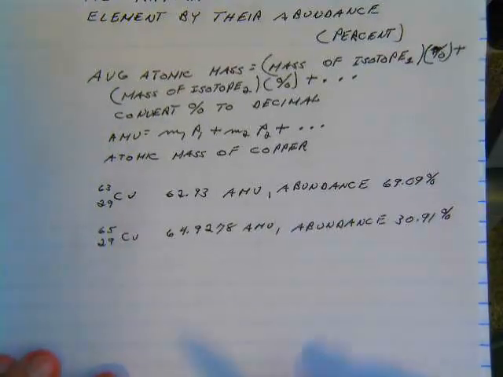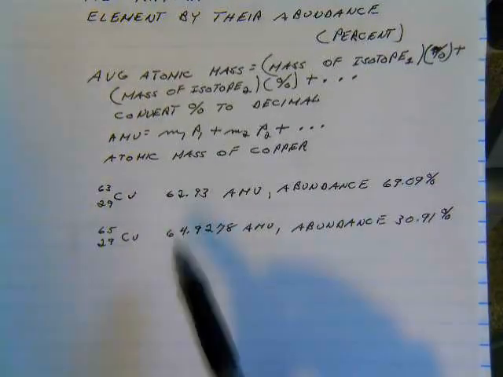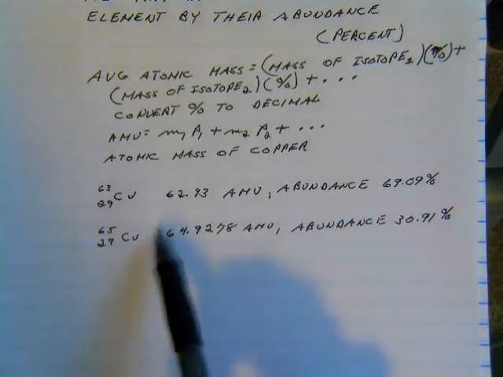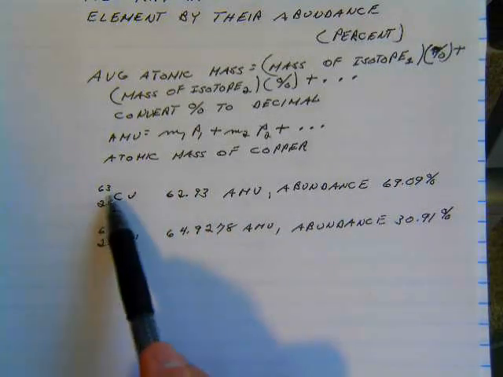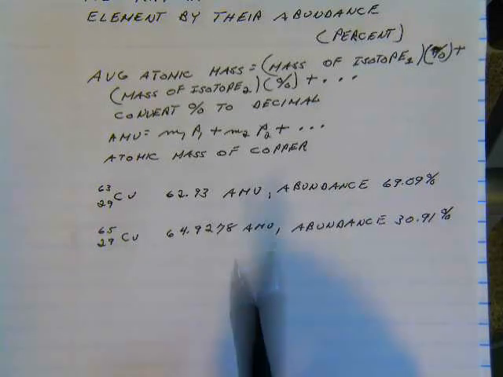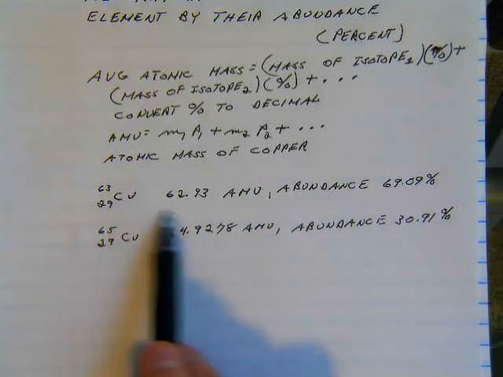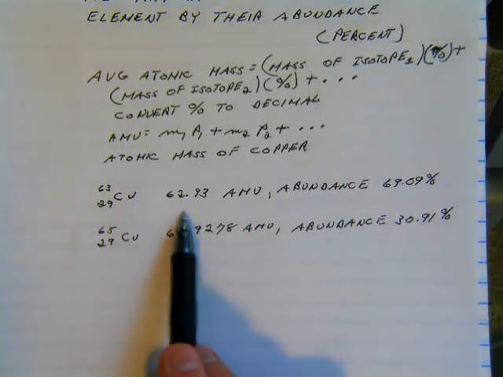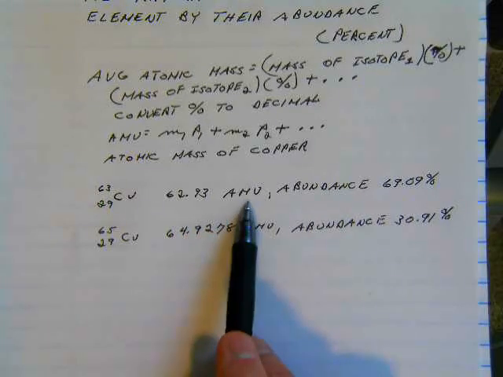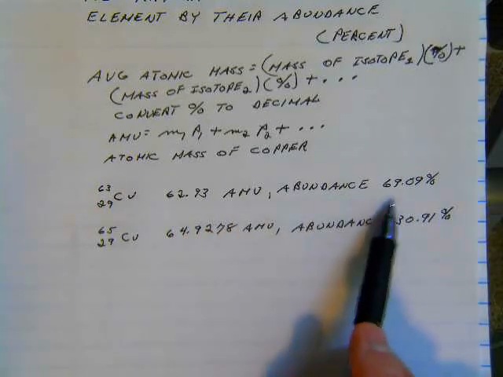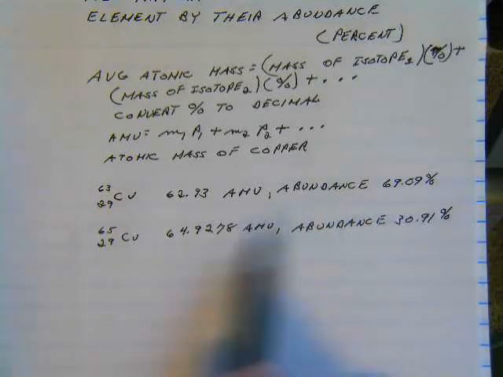So let's take a look at an example here. Let's say we've got copper, atomic number 29, and it's got two isotopes, copper 63 and copper 65. The first one has a mass of 62.93 atomic mass units and an abundance of 69.09%.